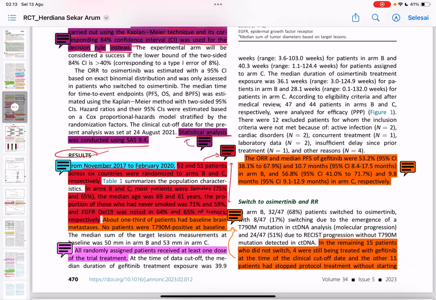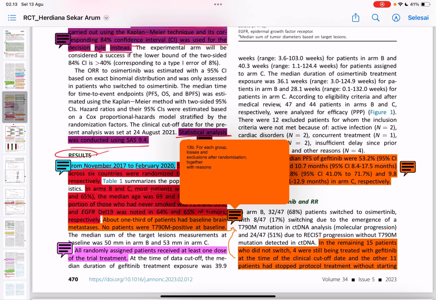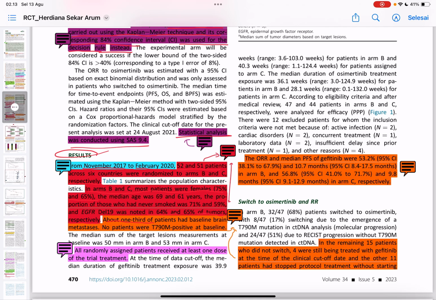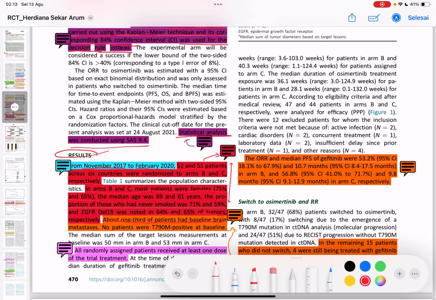Next, we have for each group losses and exclusions after randomization together with reasons. The reason is that about 1/3 of the patients had baseline brain metastasis. No patient was T790M positive at baseline.